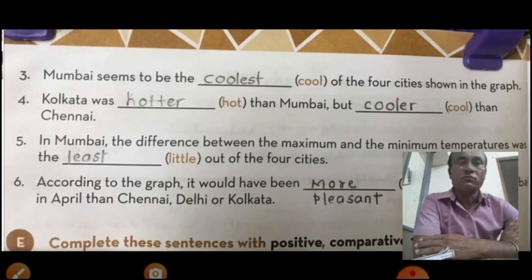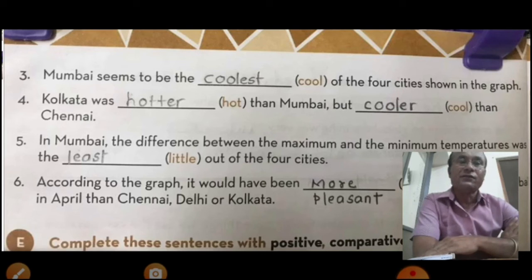Exercise number 4. Kolkata was hotter than Mumbai but cooler than Chennai. Here than is used and it shows comparative degree. Comparison is there.